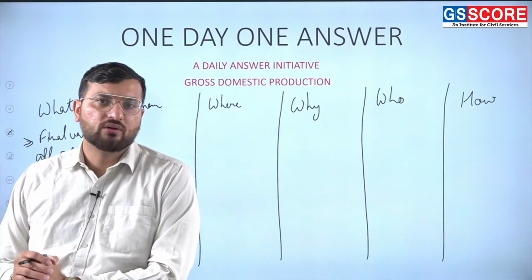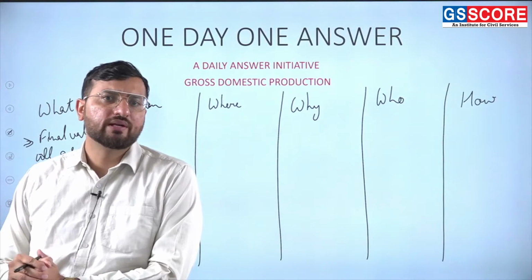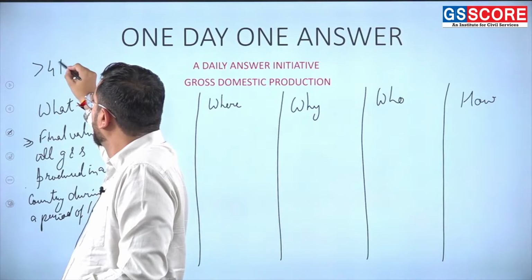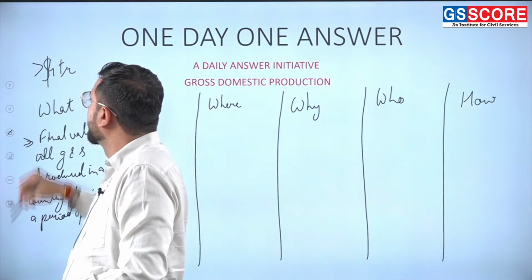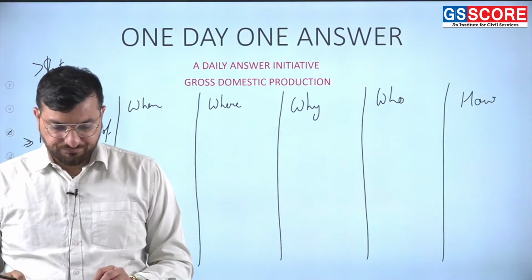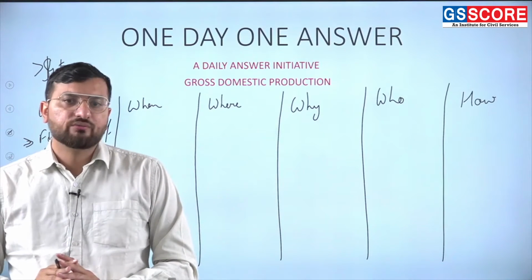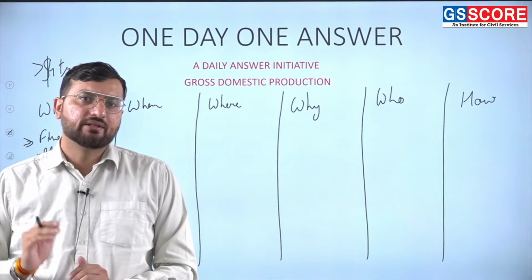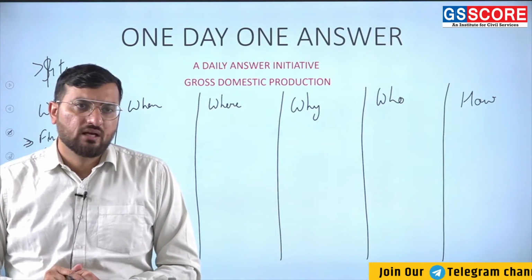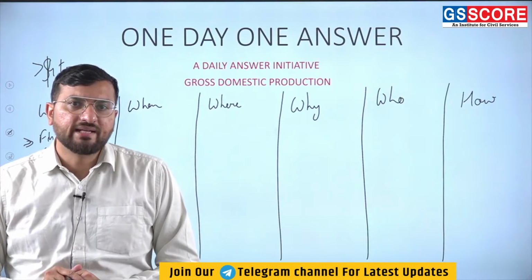If we talk roughly about India's GDP in 2025, India's GDP will be more than $4 trillion. Right now we see sometimes India's GDP increases or decreases also. On the top it is the USA, with GDP roughly around $19 trillion.